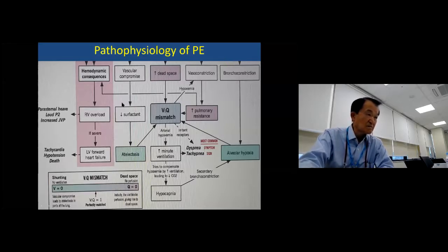Here, pathophysiology: right heart overloading, left heart failure, some atherosclerosis because of less surfactant, and hypoxia, and bronchial constriction.